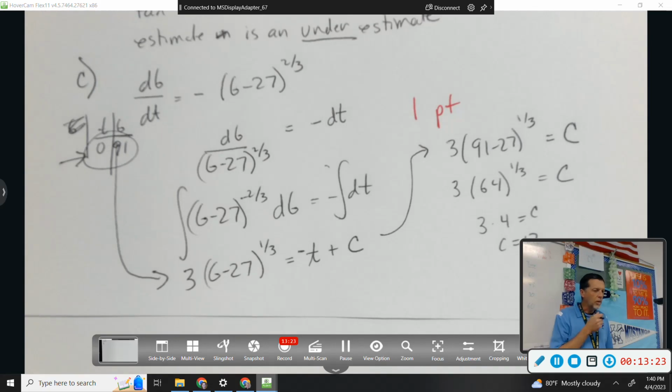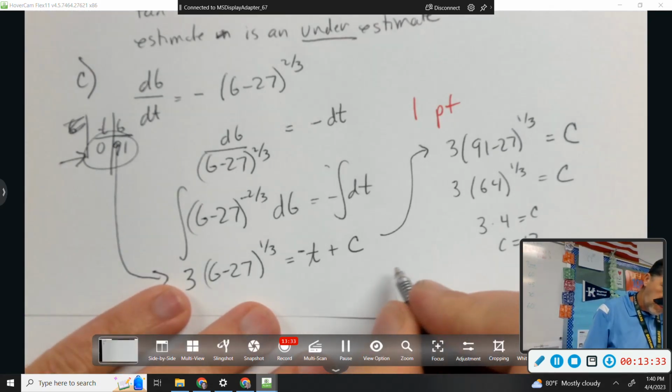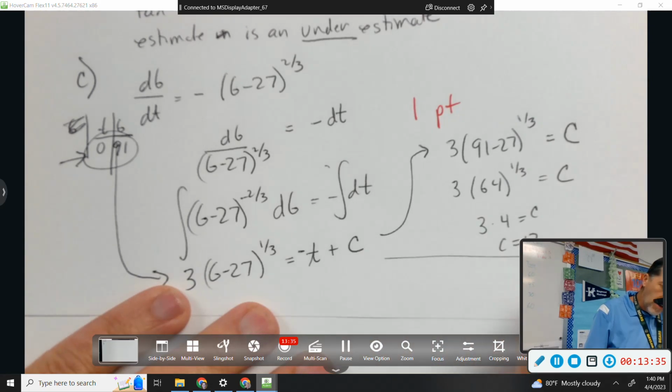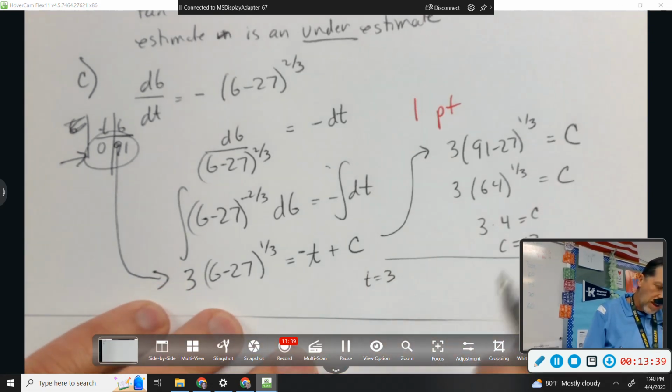Yay. And we want to know, find the temperature at time 3. So we still have to solve for G. I'm going to go ahead and plug in T equals 3.